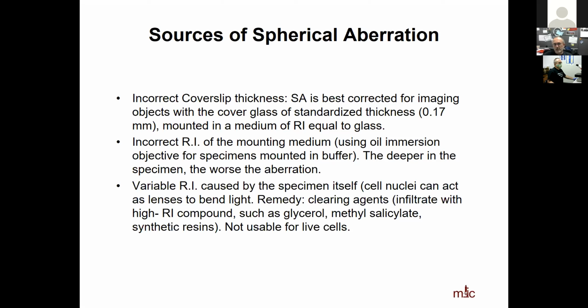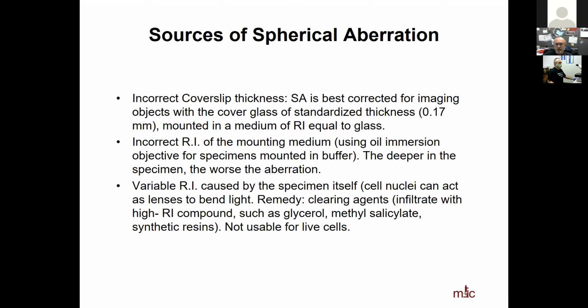Sometimes, of course, the sample itself is problematic because it's variable and non-homogeneous, so you can have cell nuclei that act as little lenses, or you can have some other organelles, and starch grains in plants are very bad.